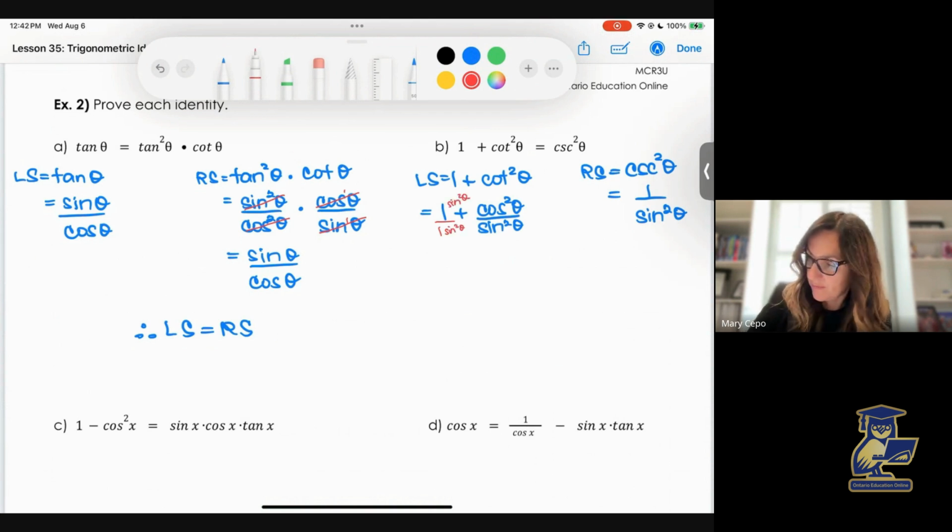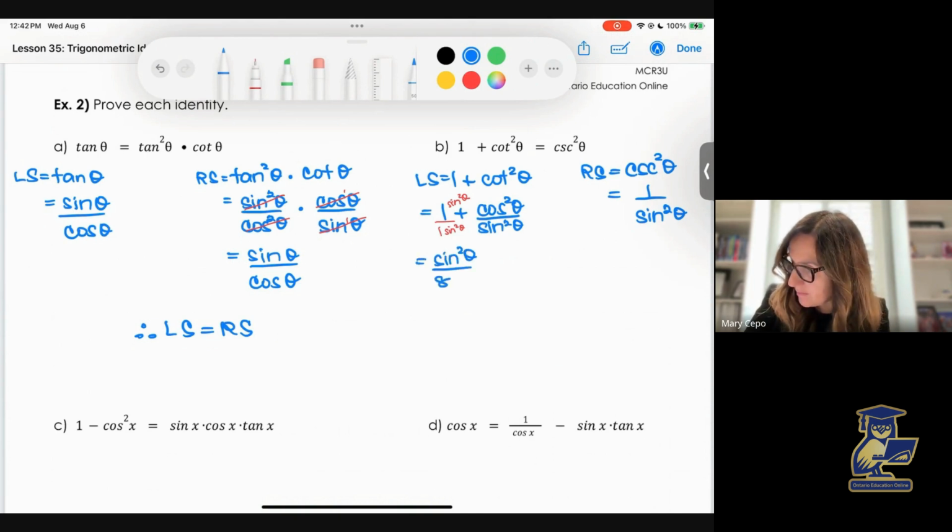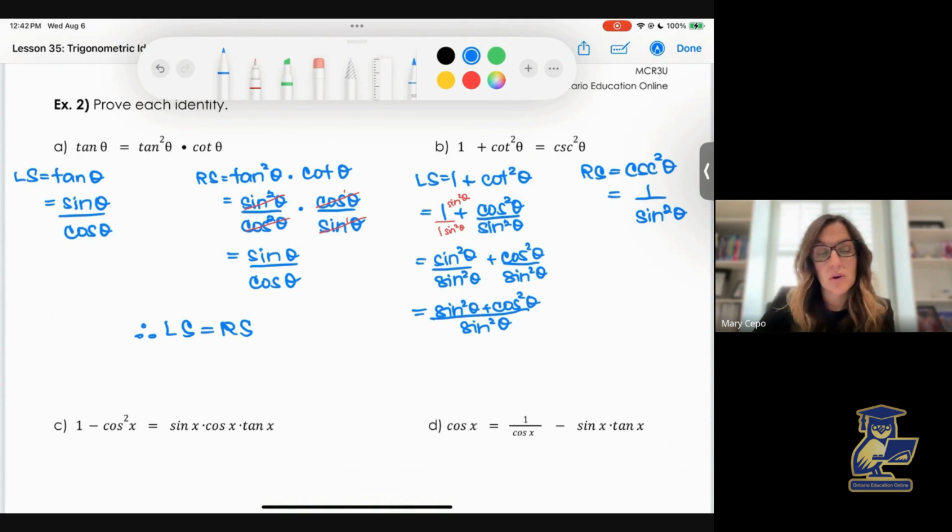So this would become sine squared theta plus cosine squared theta all over sine squared theta. Well, we know, according to the Pythagorean identities, sine squared theta plus cosine squared theta is equal to 1. So we have 1 over sine squared theta. So we've just shown left side is equal to your right side.